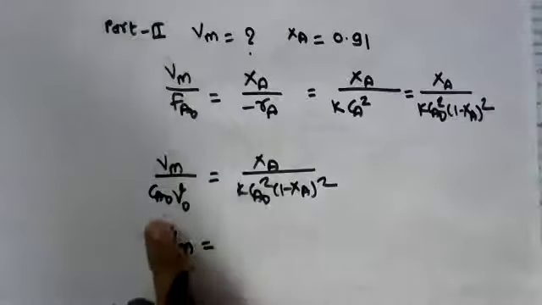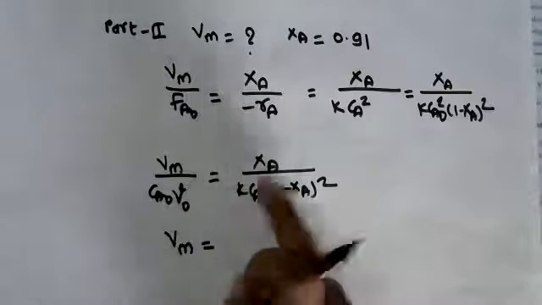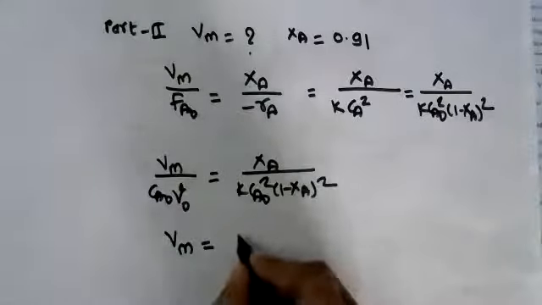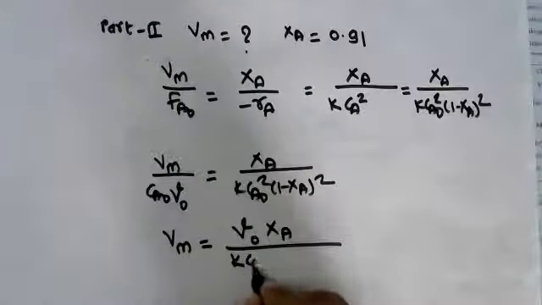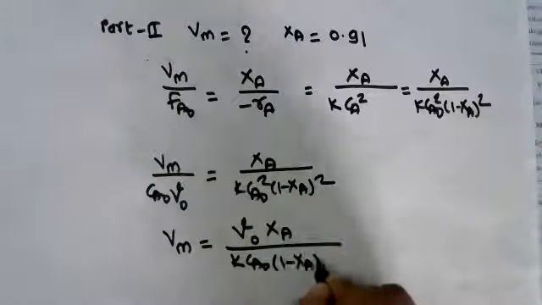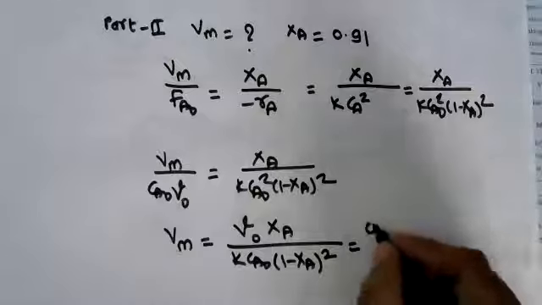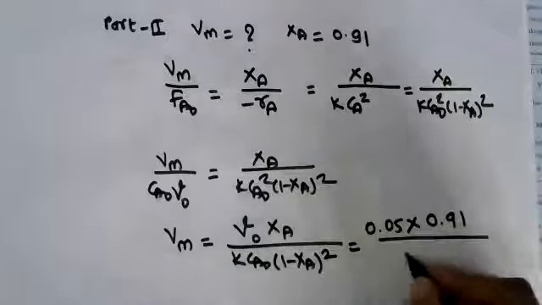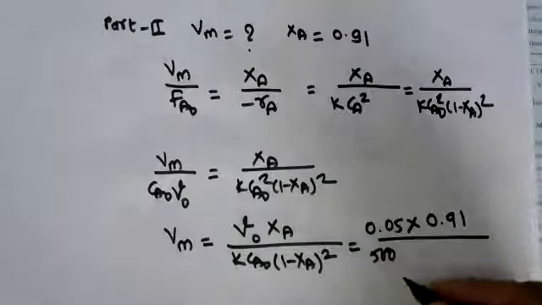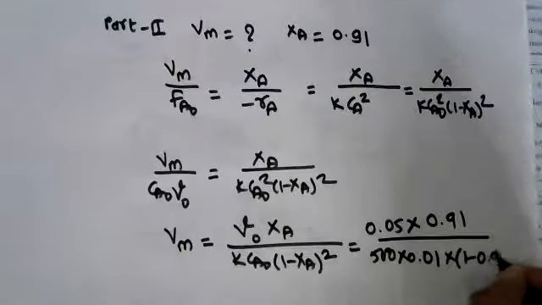So Vm is equal to V0 into XA upon k CA0 into (1 minus XA) bracket square. The volumetric flow rate is given as 0.05, the conversion is 0.91, k is already given as 500, CA0 is also given as 0.01, multiplied by (1 minus 0.91) bracket square.